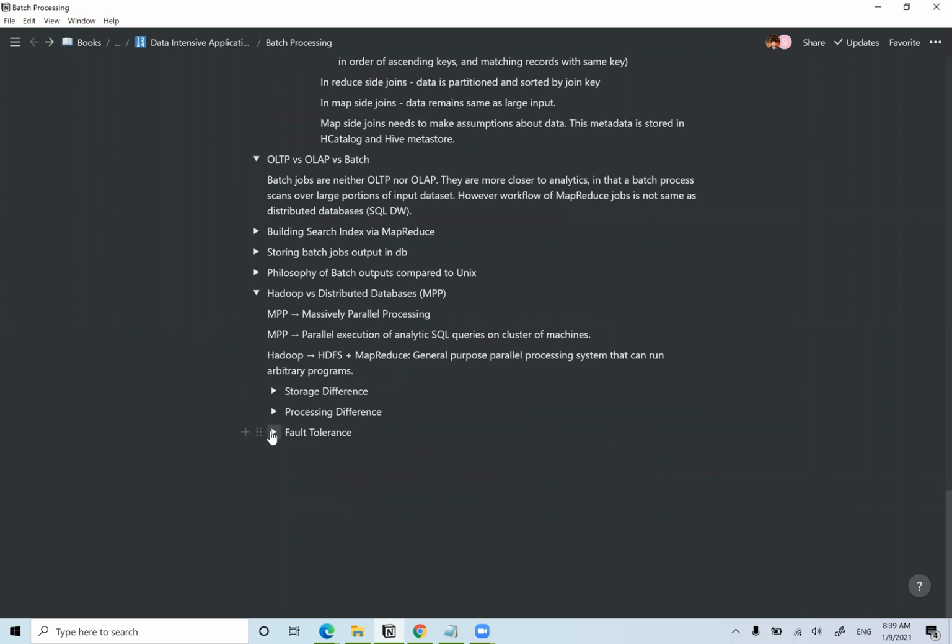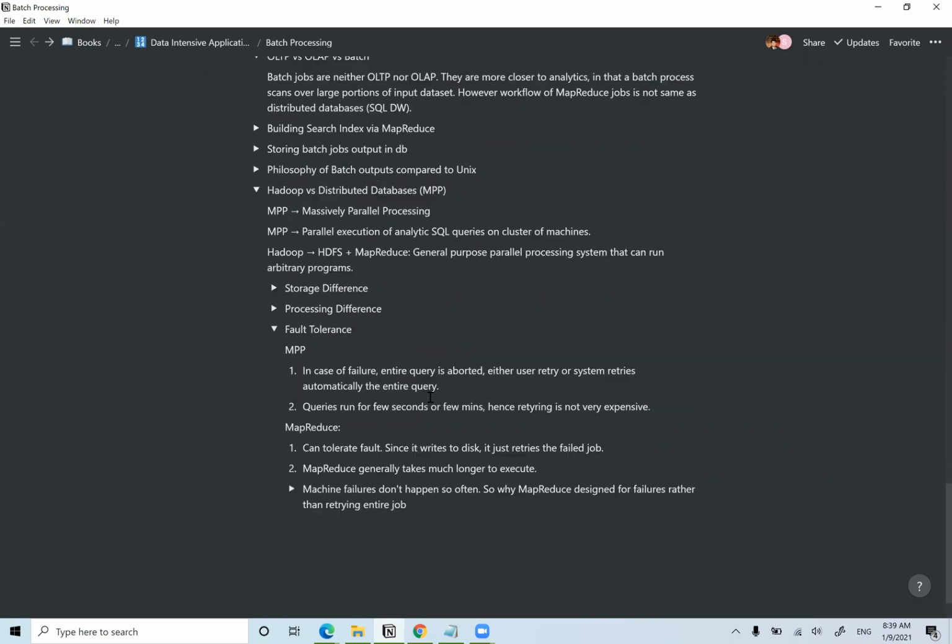Yeah, so then the third part, fault tolerance. So in MPP kind of systems, if you were running a query and something failed in between, then they generally tend to abort the entire query, and they will either retry by themselves or the user has to retry that query.